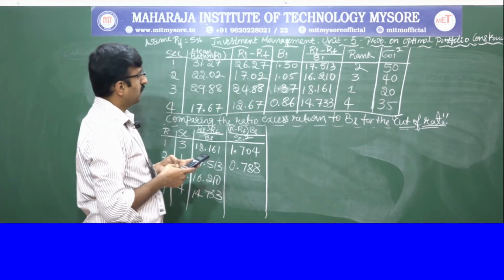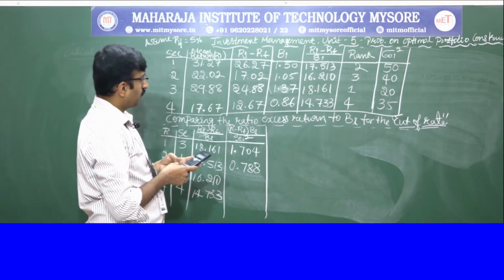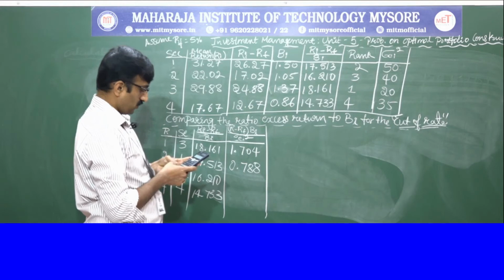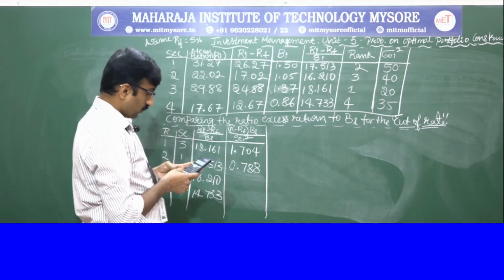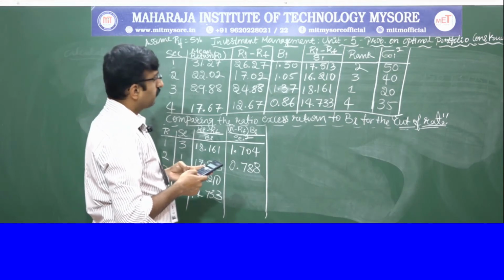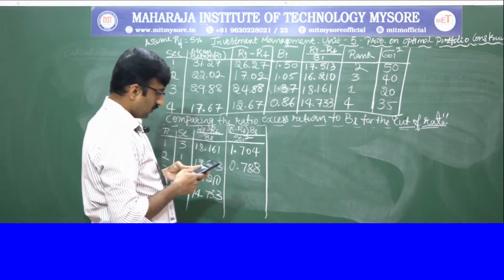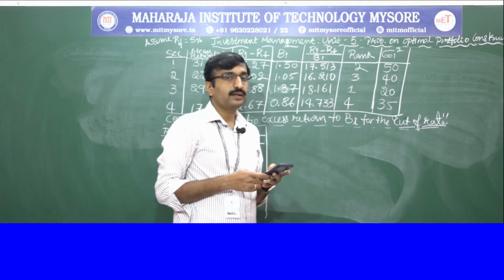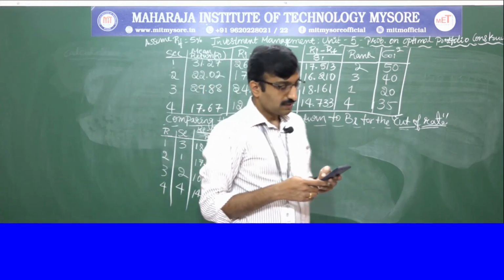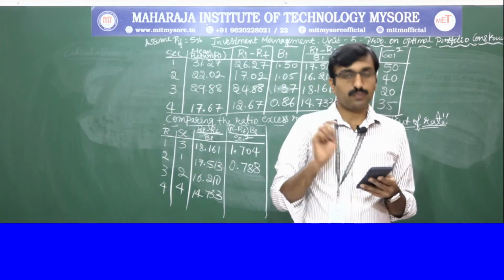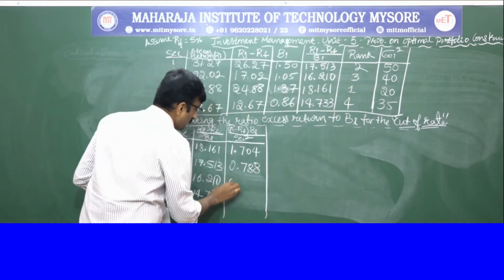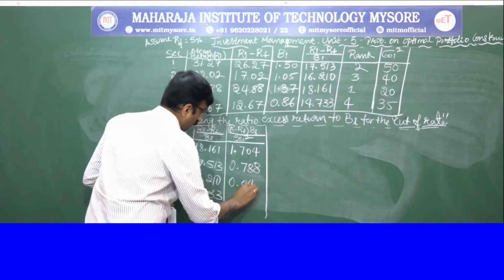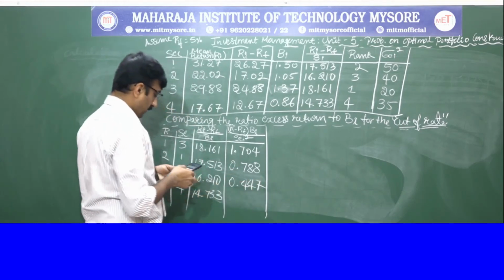Okay. So next, the third one, that is 17.02 into 1.05 divided by 40. So how much will you get? You will get 0.446, or you can take approximately 0.447.